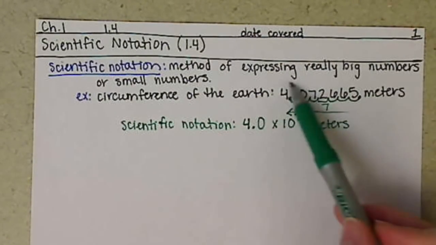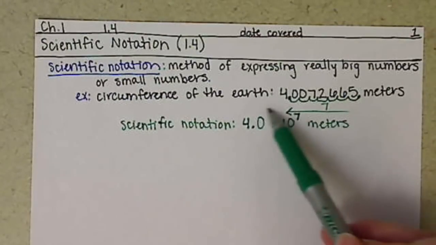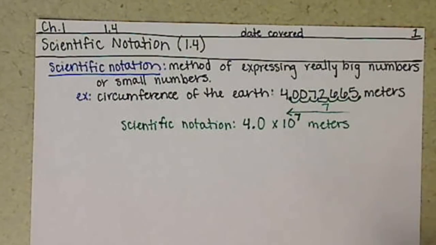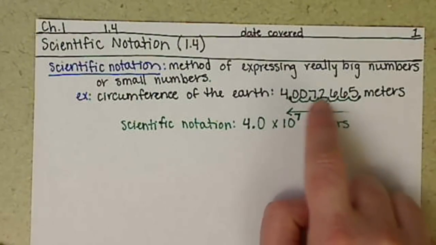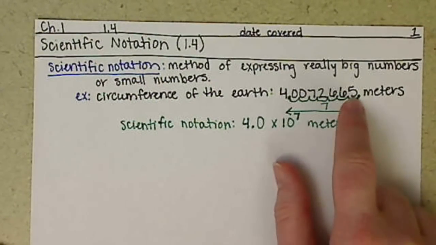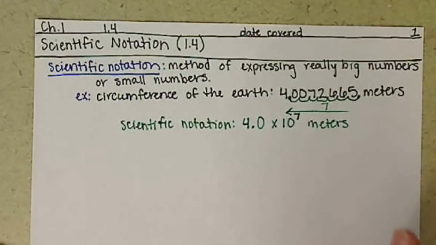So now we've taken our really, really big number and condensed it down so that it's easier for us to deal with. Now, for those of you who are wondering, hey, what happened to all these other digits here? Why aren't those important? Again, stay tuned for the next video on significant figures.